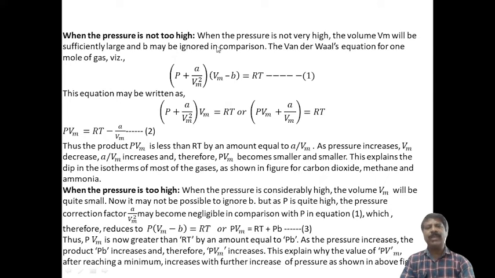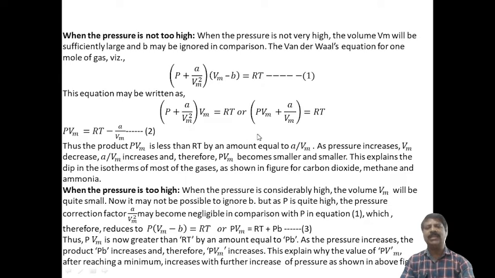Now when B is ignored, it is very small compared to V and can be negligible. Therefore in the first equation we put B as neglected or 0, and it becomes P plus A divided by Vm square into Vm equal to RT.